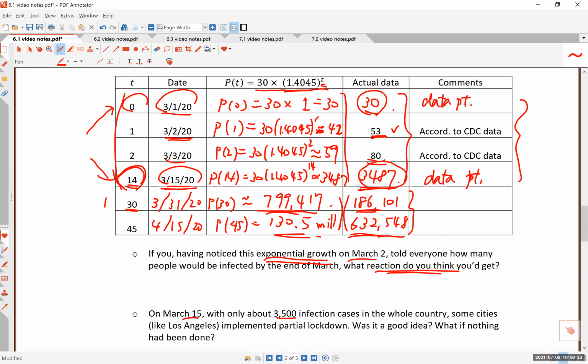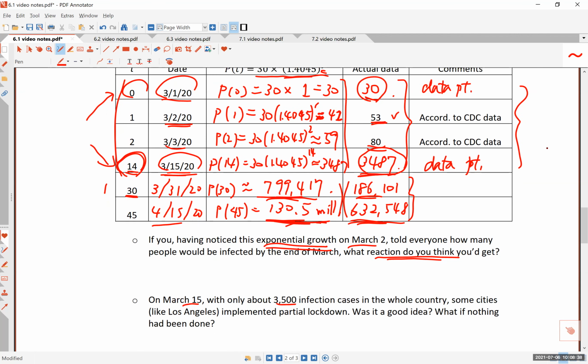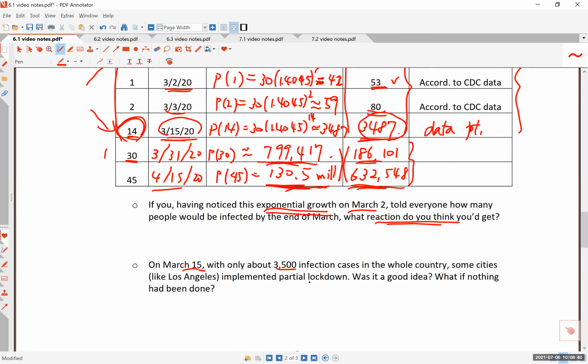You came up with this model, which would tell you that by the middle of April, the country is going to see over 130 million people infected. This would have been a serious concern for you. And then on March 15th, with the 3,500 people infected with this in the whole country, some cities like LA, San Francisco, implemented partial lockdown.